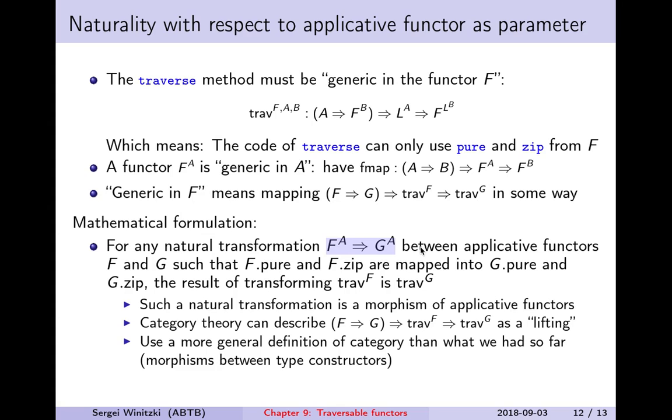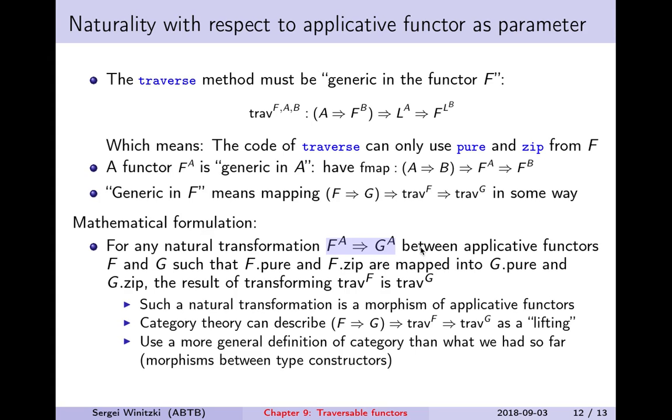And so this is a naturality with respect to the functor as a type parameter. So it's a higher order type parameter. Otherwise it's quite similar to naturality, and it's just more complicated because it's not just any natural transformation.